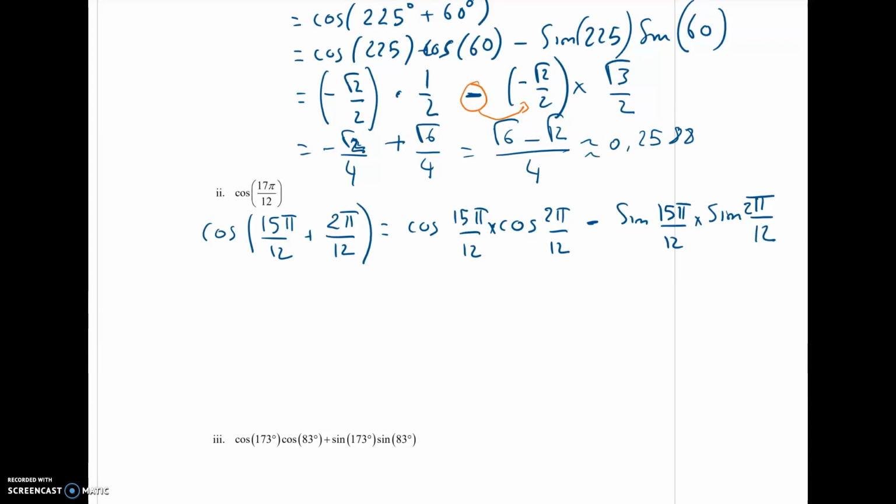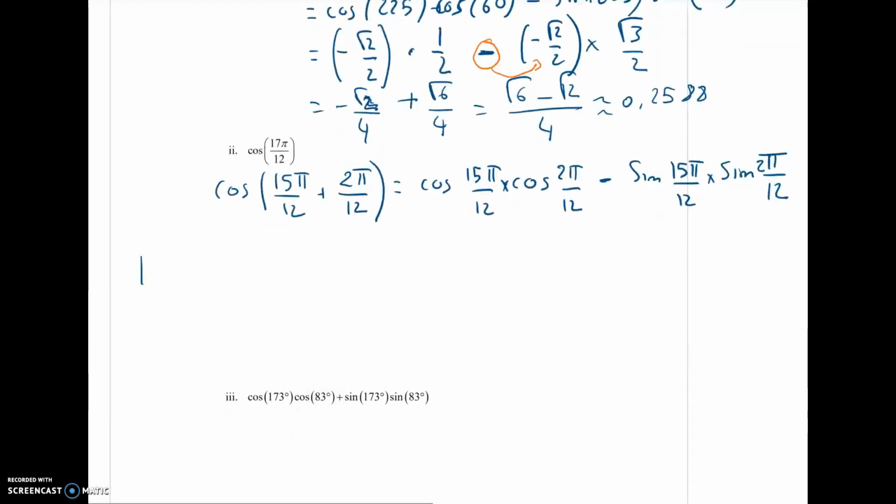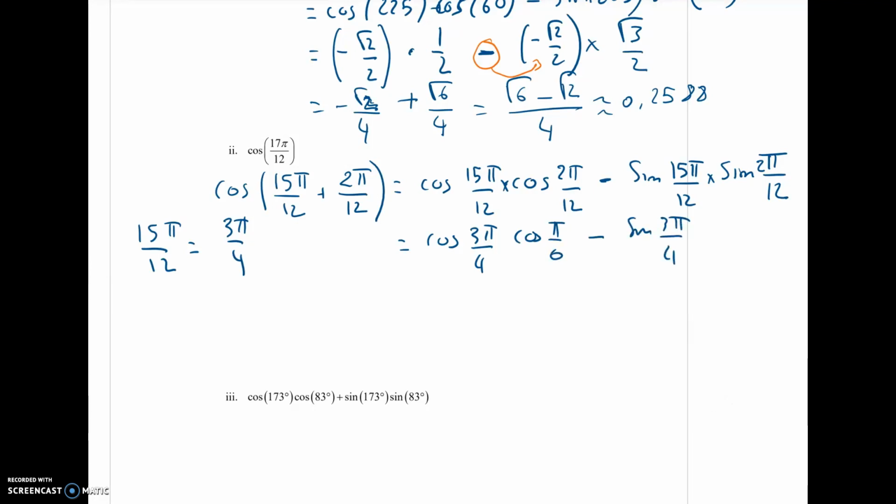15 pi over 12 can be simplified into 3 pi over 4, and I know the values of the sine and cosine. So that is going to be cosine of 3 pi over 4 cosine of pi over 6 minus sine 3 pi over 4 sine pi over 6.